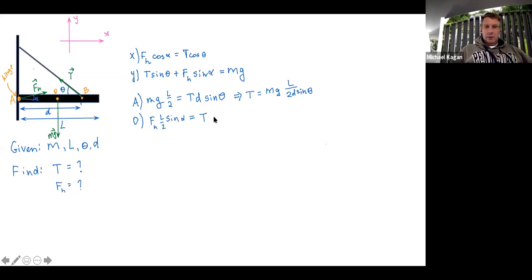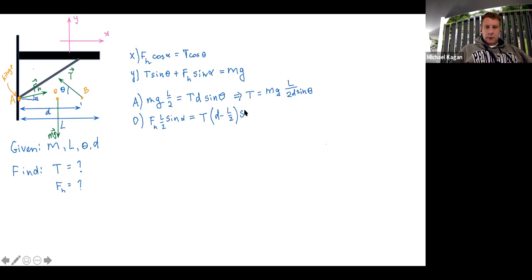It's actually D minus L over 2. So thanks for catching that. Sine theta. Okay, but anyhow, you see there are still two unknowns here, alpha and F hinge. We need another equation.